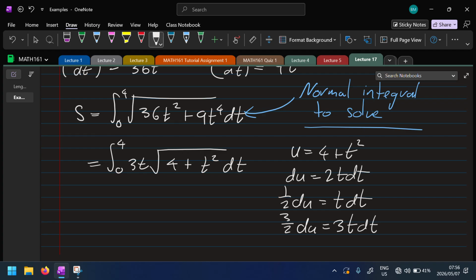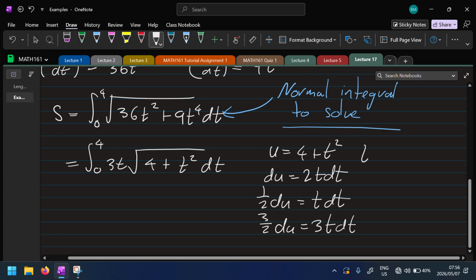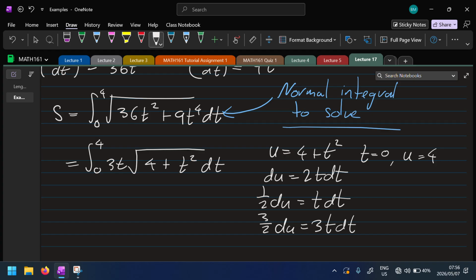Now we need to look at the bounds. So when t is equal to 0, u will be 4. And then the top one, so when t is equal to 4, u will be equal to 20.